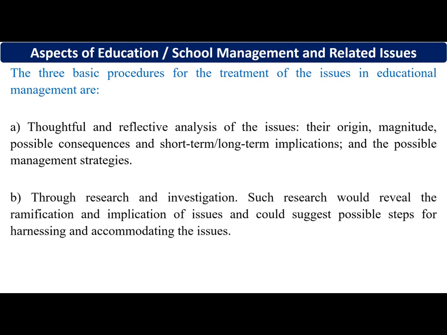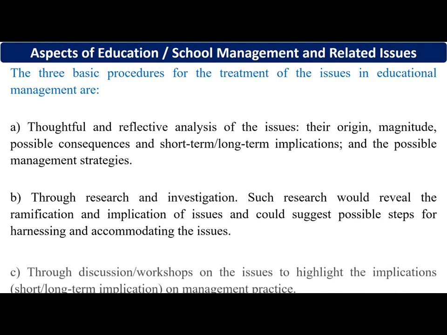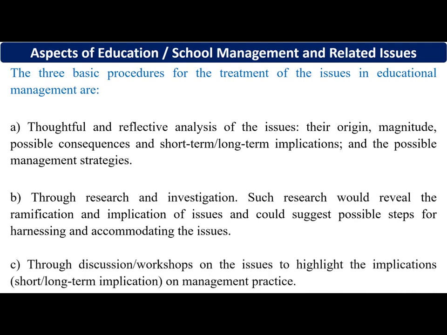Second, through research and investigation, such research would reveal the ramifications and implications of issues and could suggest possible steps for harnessing and accommodating the issues. Third, through discussions or workshops on the issues to highlight the short- or long-term implications for management practice.